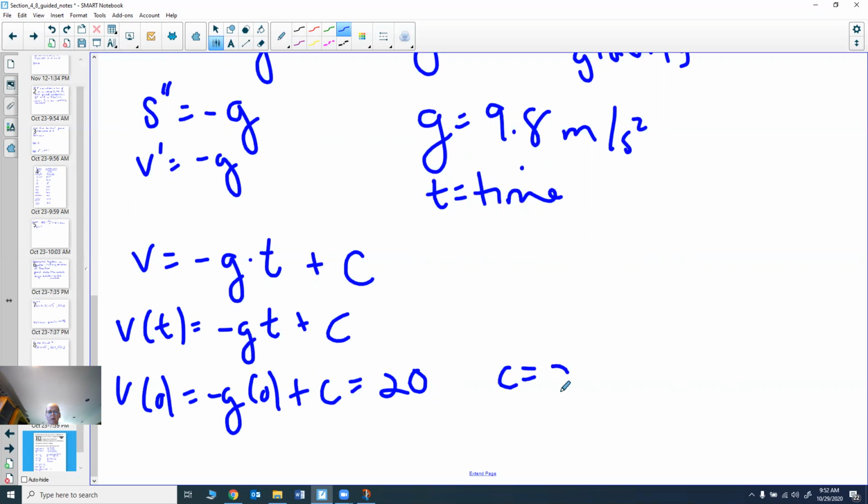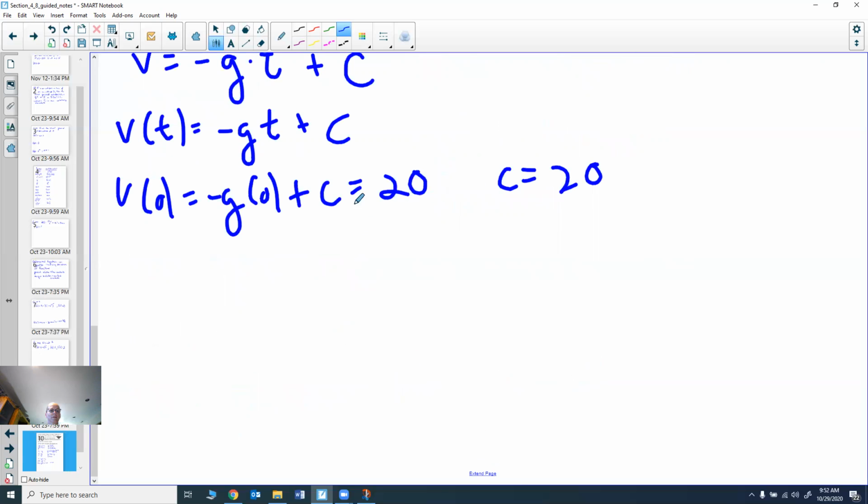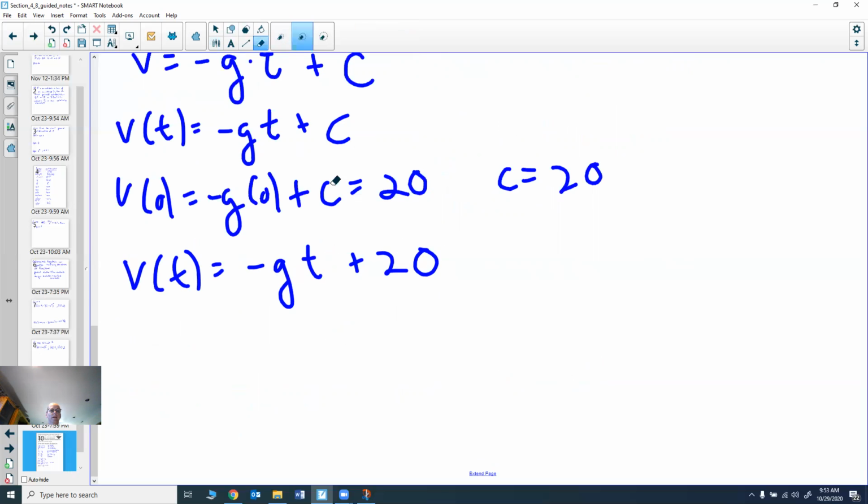So that means c is equal to 20. That's why sometimes in physics they just call c your initial velocity, because usually it is. So we now have that v of t is minus gt plus 20. If you want to put v0 there, that's fine. In fact, let's go ahead and do that, so we'll call this v0. This way you can see where those equations come from that you've seen in a physics class.